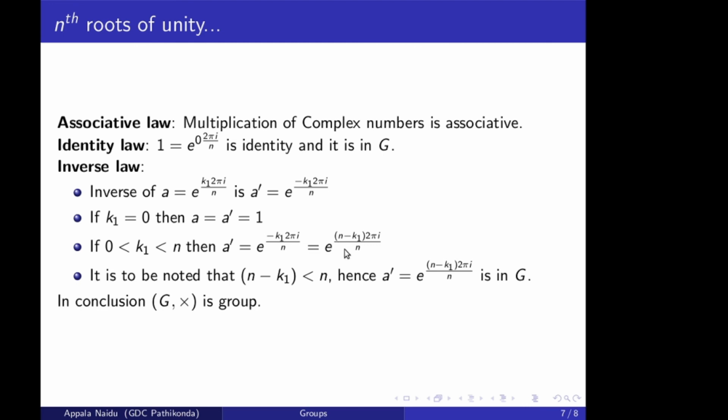So that is same as e power n minus k1 into 2 pi i by n. Why we are doing this is, since k1 is a positive integer, minus k1 is negative, so this element is directly not in G. So to make this element in G, we are modifying it in this form. This and this are same.